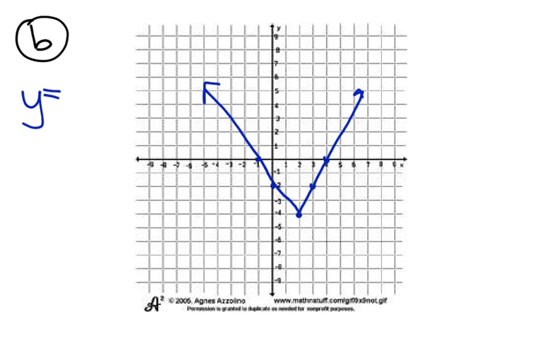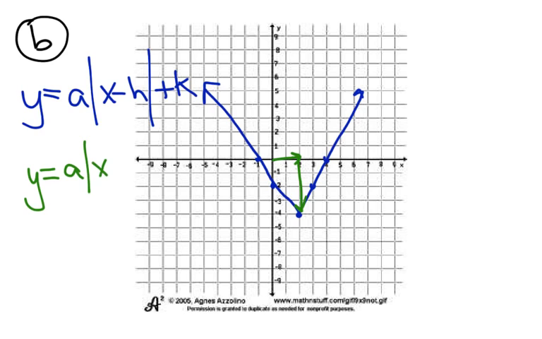Alright, so we want to write this equation, and we have to determine how the parent graph has been transformed. Well, first of all, it's gone to the right 2 and down 4. So that's y equals a times the absolute value of x minus 2, minus 4. Well, now I got to figure out what a is.